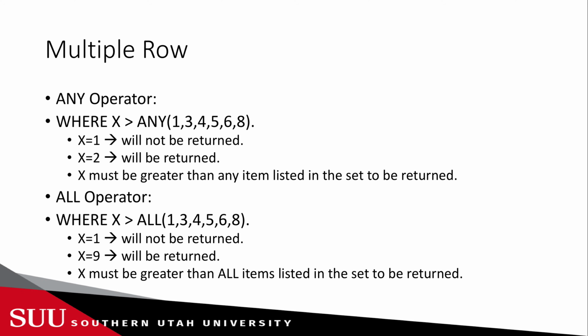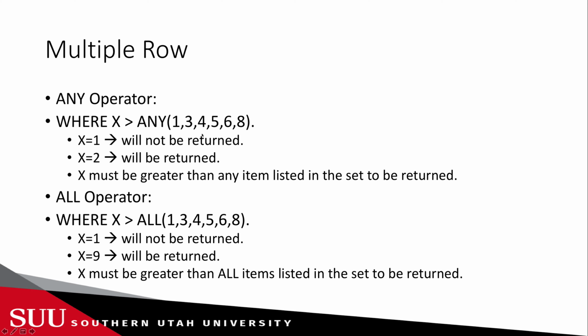Now the ANY operator also deals with a list. We say where x is larger than any element of the list. If x is 1, then 1 is not larger than any of those elements, so it will not be returned. If x is 2, I check the elements individually.